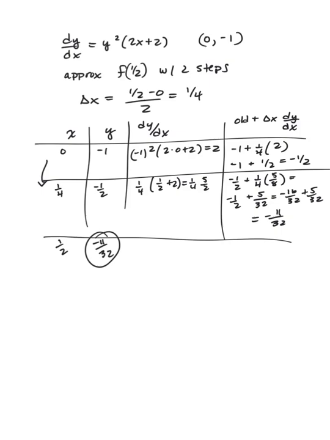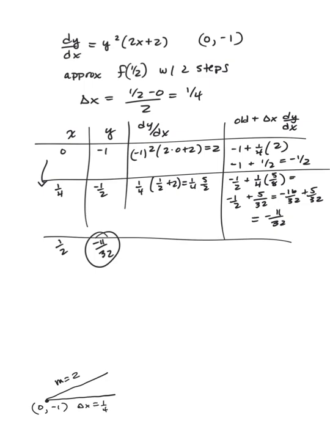Okay, so what's going on here? If you look at the first triangle, you're starting at (0, -1). You have your slope, which we found to be 2. We already know that our delta x is 1/4.